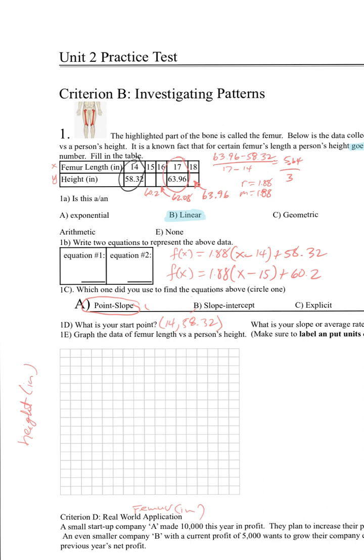If you look at the biggest number we have, it's in the 60s, so I'm going to go by 5s here: 5, 10, 15, 25, 35, 45, 55, 65, 75, and 85. And then our numbers here are 14, 15, 16, 17, 18.